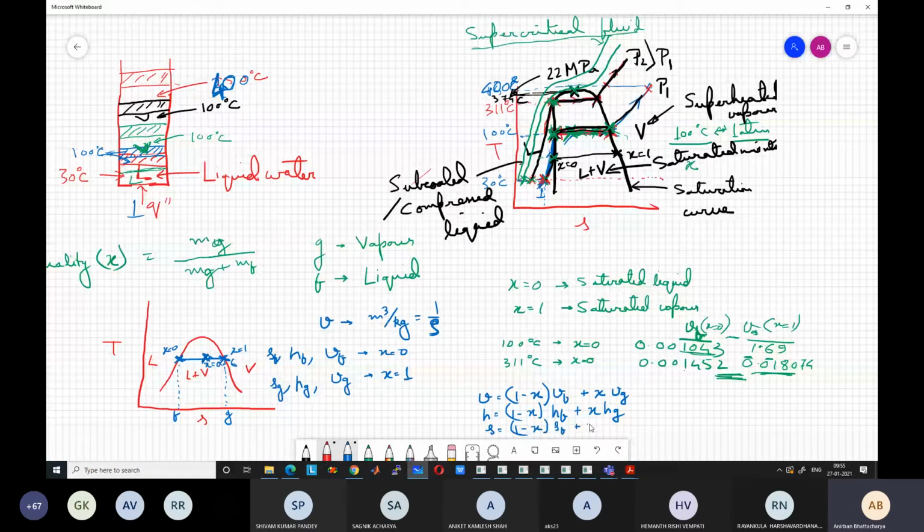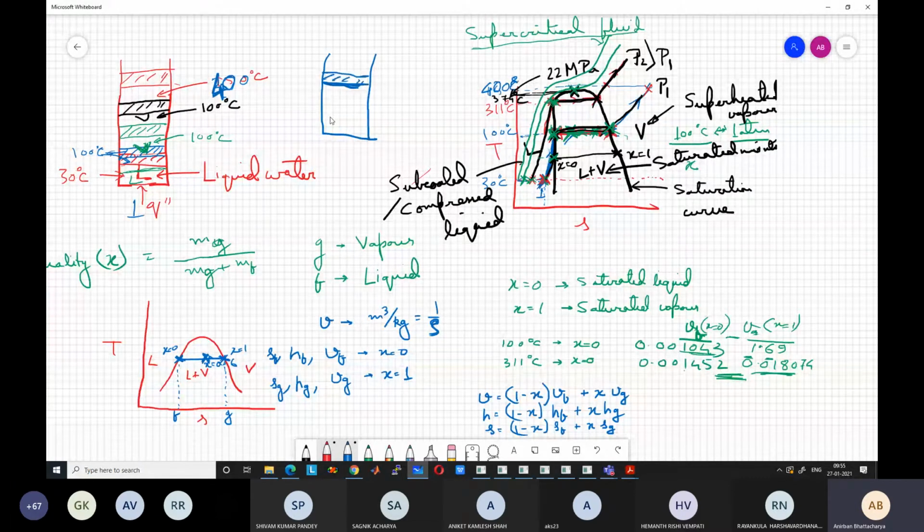So why are these valid? Because when you are in saturated condition, although we are seeing this as a single point here, in the real scenario, if you are in the two-phase condition, the liquid and vapor coexist.